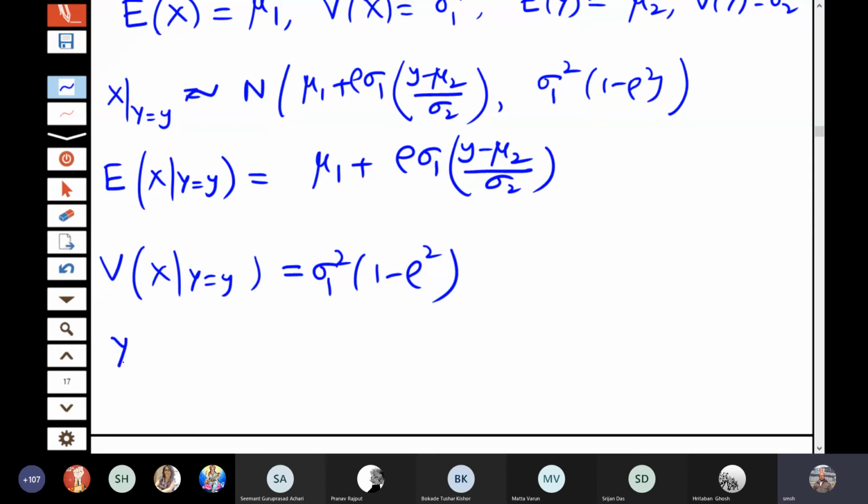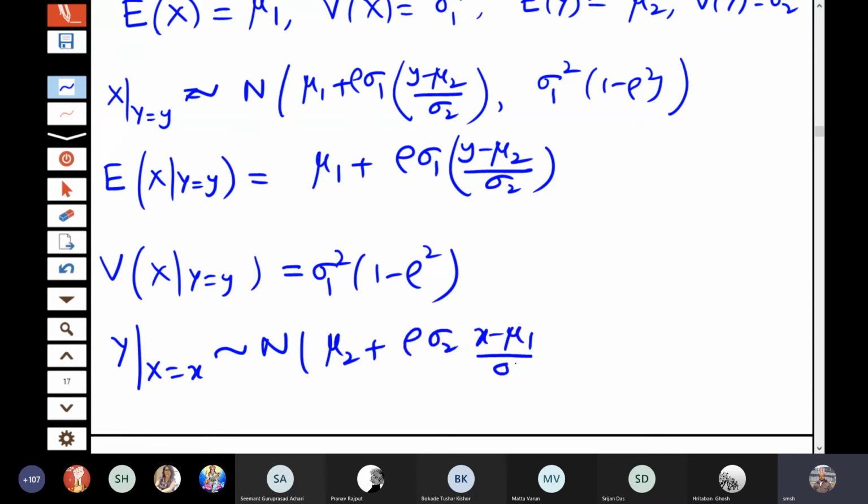Similarly, the conditional distribution of y given x is normal with mean mu2 plus rho sigma2 (x minus mu1) by sigma1, and variance sigma2 square (1 minus rho square).